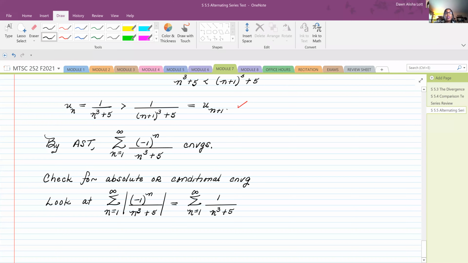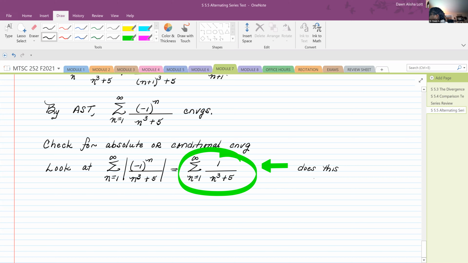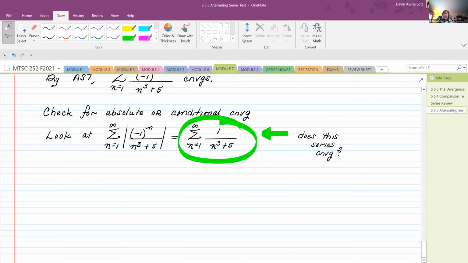So now the question is, does this series converge? And I say it does. I can prove it converges either by the limit comparison test or by the direct comparison test.